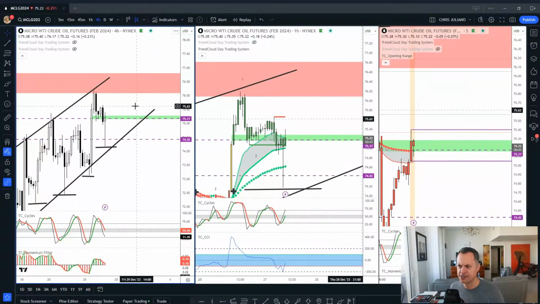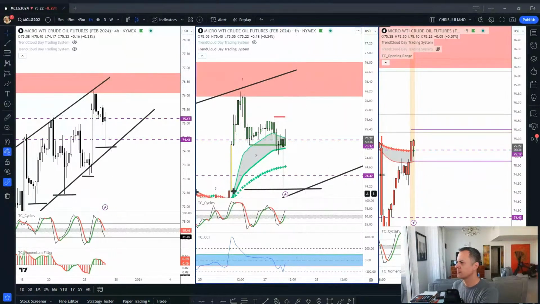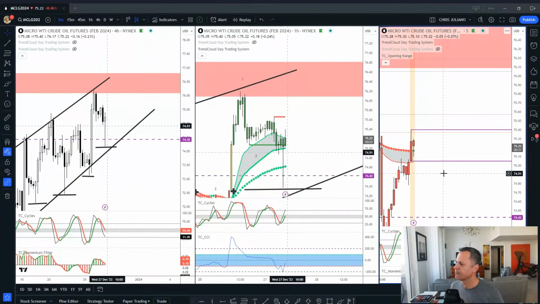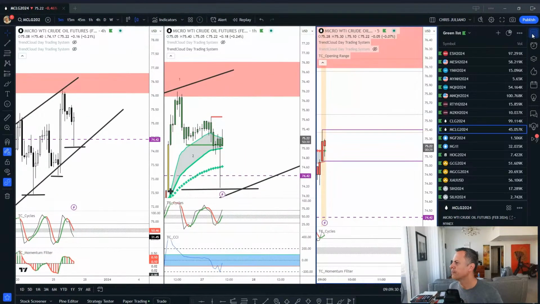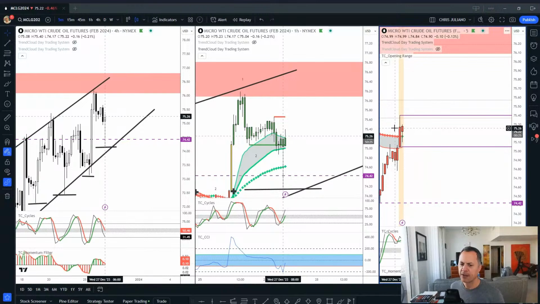So that's the concept. Now, what is going on here? All right, let's get rid of this. And let's start focusing here on the opening range breakout. Now, the opening range breakout is a great technique, or strategy, I should say, to use in the mornings because it happens every single day.